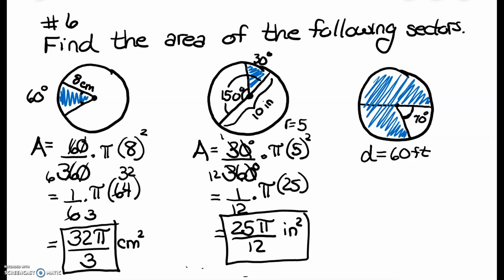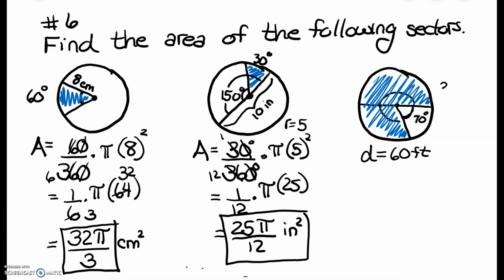All right, so the last example I'm going to walk through is this one. Notice that they gave us the arc measure of the piece of the pie that we don't want. So I know my entire circle has 360 degrees in it, right? This whole thing is 360.